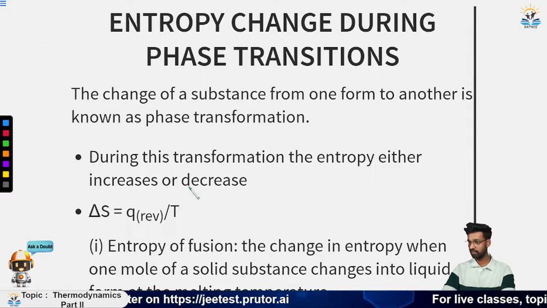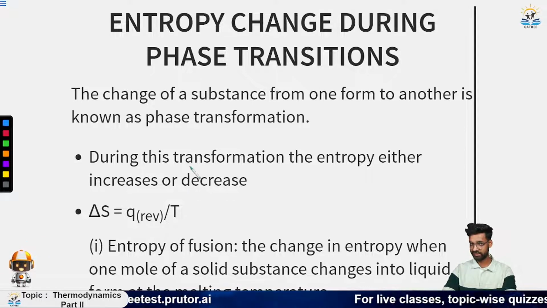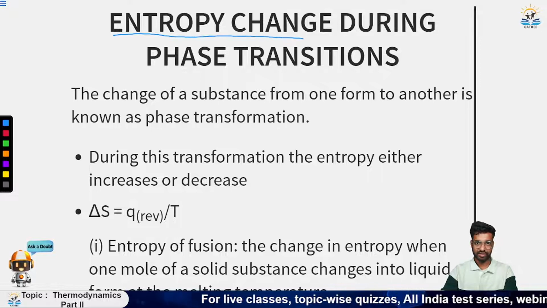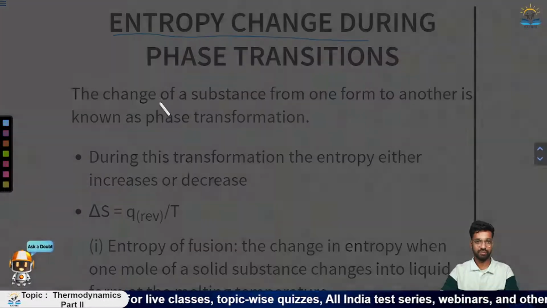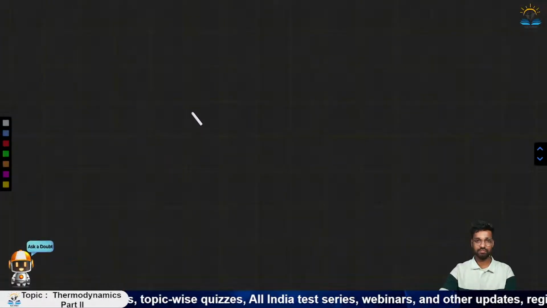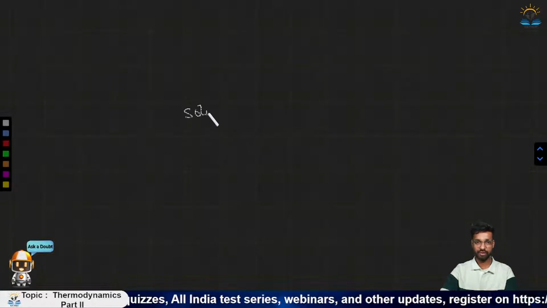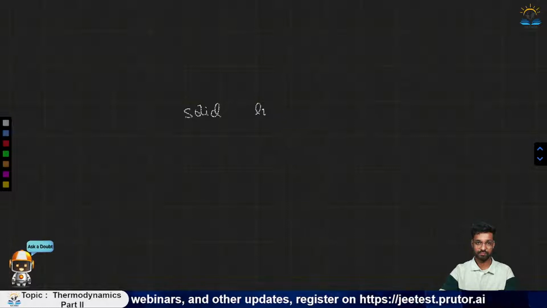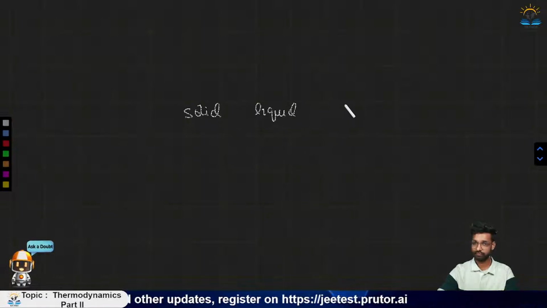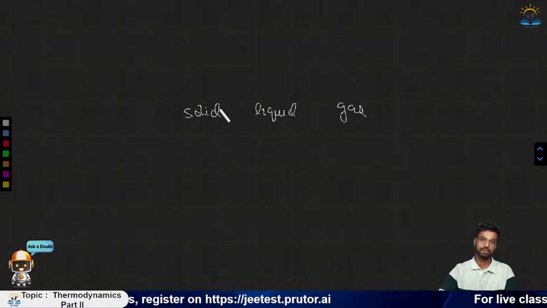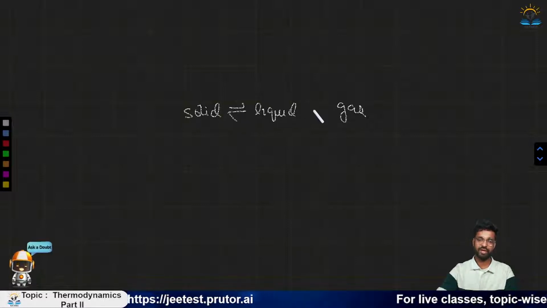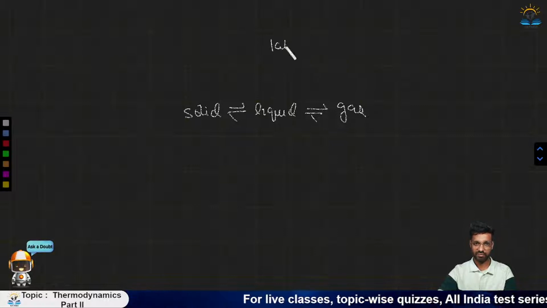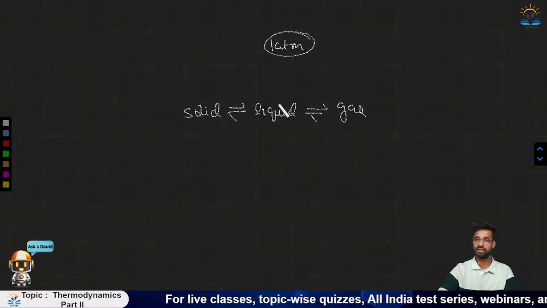Now let us move to phase transformation. So whenever you do a phase transformation, one thing should be kept in mind always. So suppose you are going from solid to liquid or liquid to gas. In your environment, it always happens at constant pressure, that is 1 atm. Suppose the pressure is mentioned as 1 atm, so I'm taking this case.